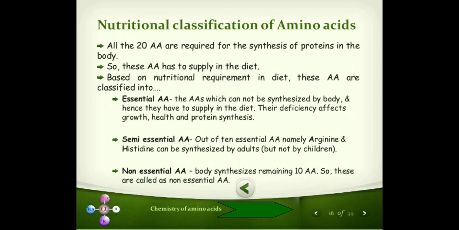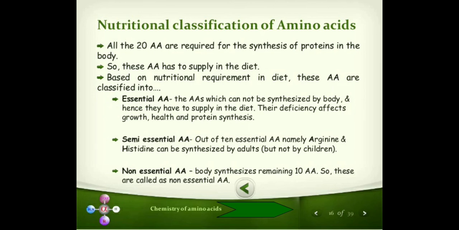Let's talk about the next classification, which is based on nutritional requirement. This classification depends on the nutrition we require and the amino acids that are already synthesized in our body, and these are known as non-essential amino acids.